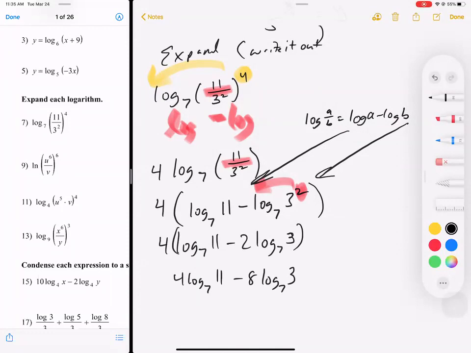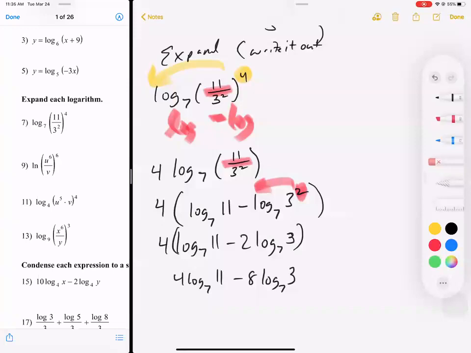Now, on the side, could I have done the problem slightly differently and gotten the same answer? Well, back up here, what if I distribute the 4 first? Would that have given me the same answer? If I distribute the 4 first, that would have been, in a different color, blue, log base 7 of 11 to the 4th over 3 to the 8.